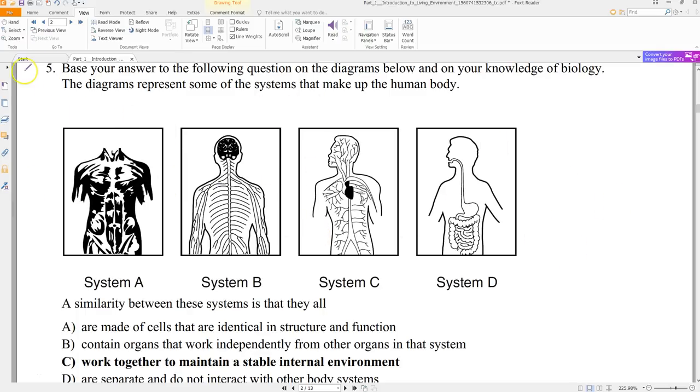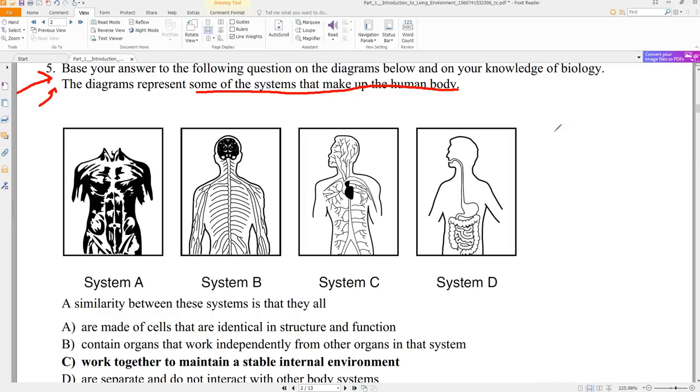So let's read the question from the top. Never skip down to the bottom. Always read the top. Base your answer to the following questions on the diagrams below and on your knowledge of biology. The diagrams represent some of the systems that make up the human body. Always read the questions because they give you valid information.